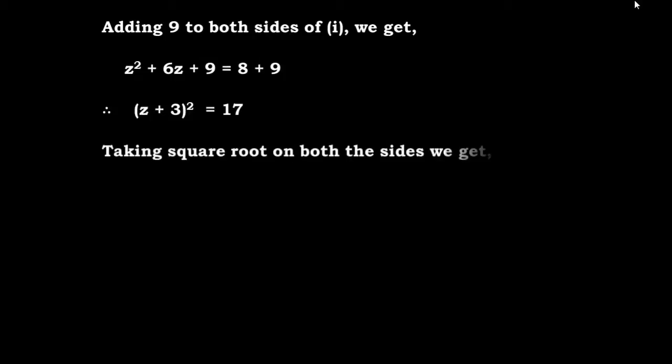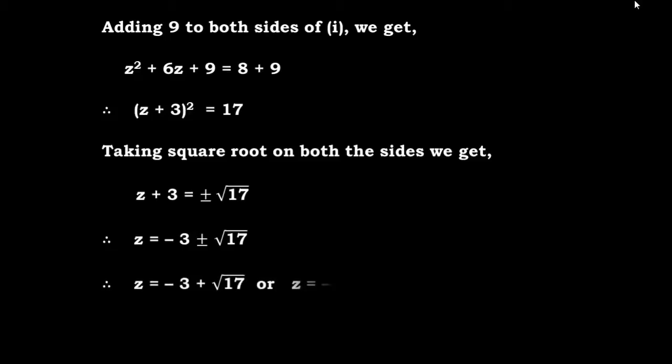Now you have to take square root of both the sides. We get z plus 3 is equals to plus minus root of 17. 17 is not a perfect square. Now z is equals to plus 3 will become minus 3. So z is equals to minus 3 plus minus root 17.